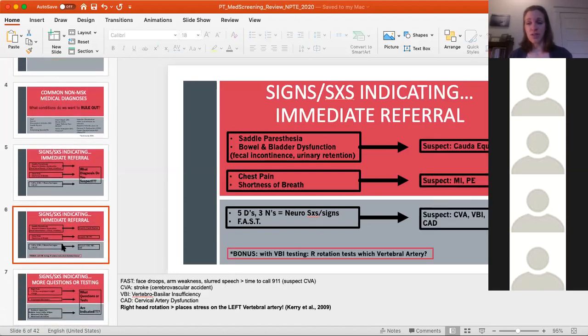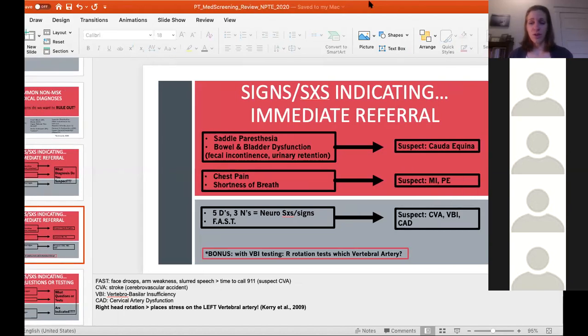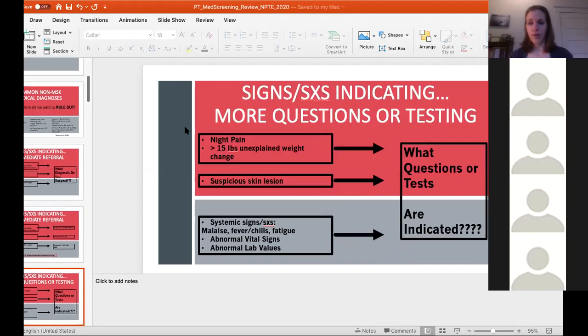For these tests, what I'm referring to are, if you're suspecting in the lumbar spine, maybe cauda equina symptoms; chest pain, shortness of breath, you really want to rule out pulmonary embolism or myocardial infarction. So some sort of embolus or clot formation or heart attack, you want to rule out.